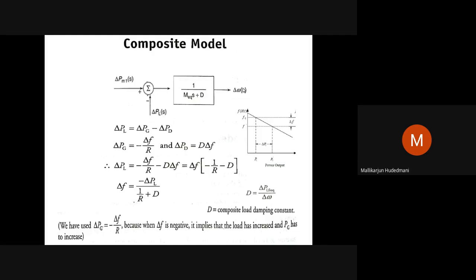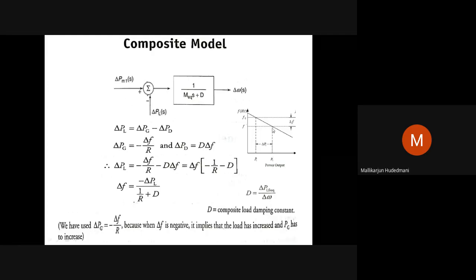If you want to understand it, this is how we can see its curve plot of frequency versus power. It was steady at a certain F naught delivering P1 megawatt. Suddenly the load increased. When the load is increased, the operating point moves; let's say P1 dash is the demand.